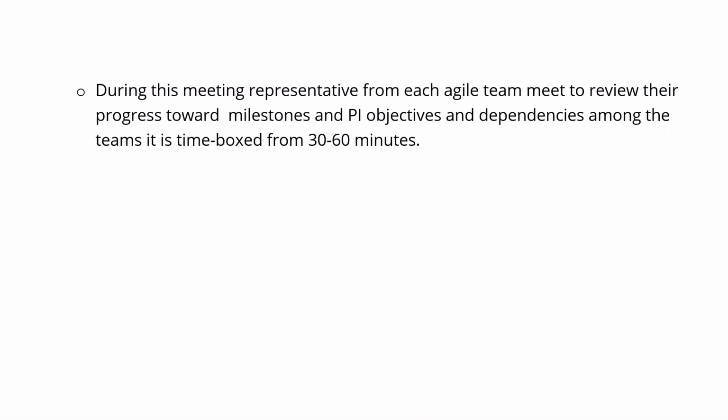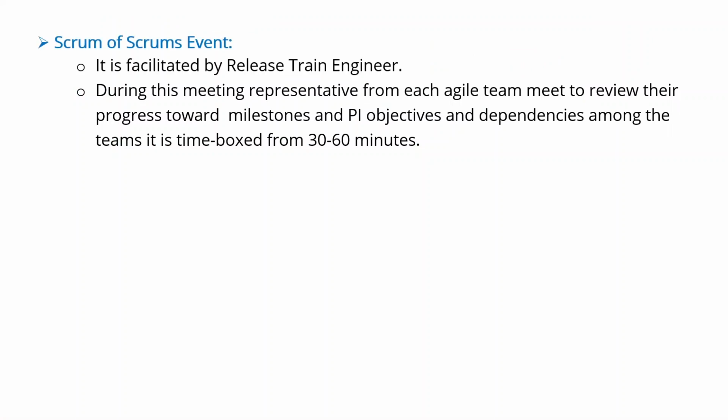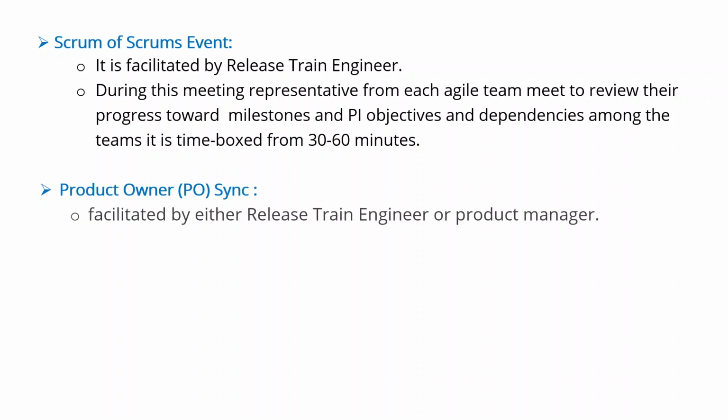It is facilitated by a release train engineer, and during this meeting, representatives from each agile team meet to review their progress toward milestones and PI objectives and dependencies among the teams. It is time boxed from 30 to 60 minutes. Also, there is the PO Sync, which is facilitated by either the release train engineer or product manager.